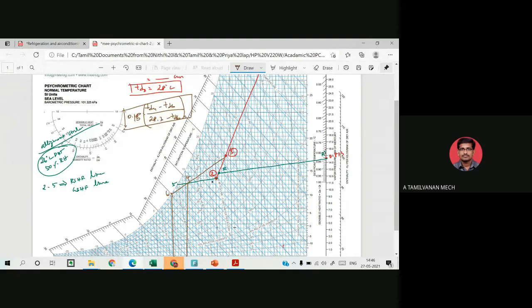If it is something larger, then you can erase this line. If it is larger than 0.15, then you make the line intersect somewhat closer.